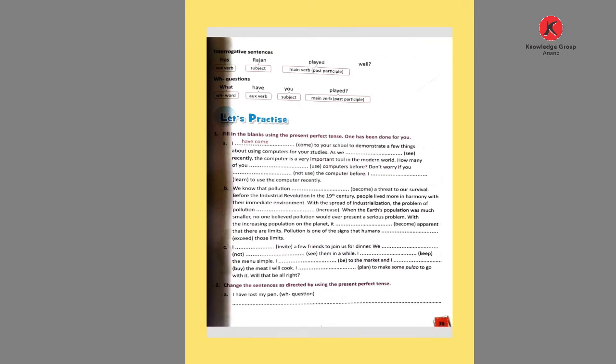Then the next: When the earth's pollution was much smaller, no one believed pollution would ever present a serious problem. With the increasing pollution on the planet, it blank apparent that there are limits. Here we use the third person singular pronoun it, and the verb given is become.